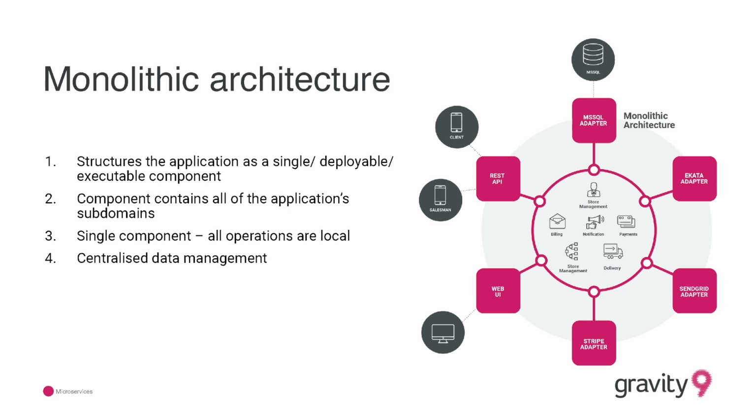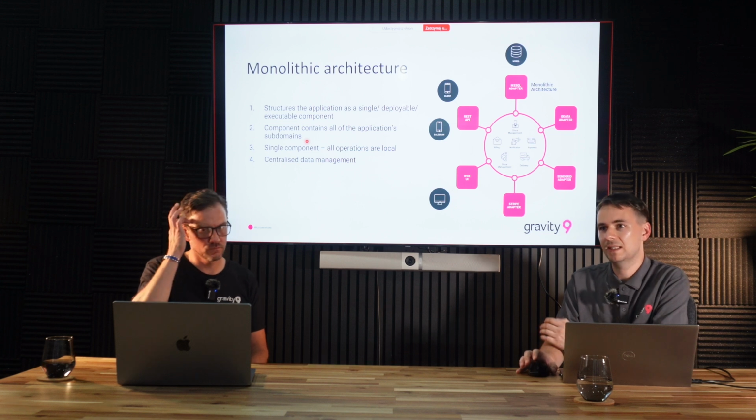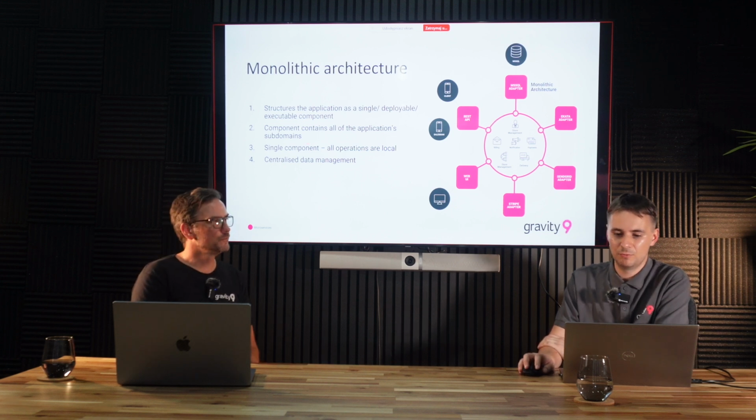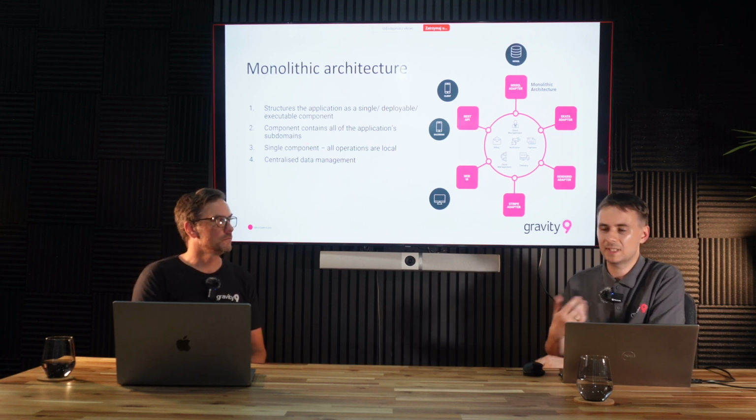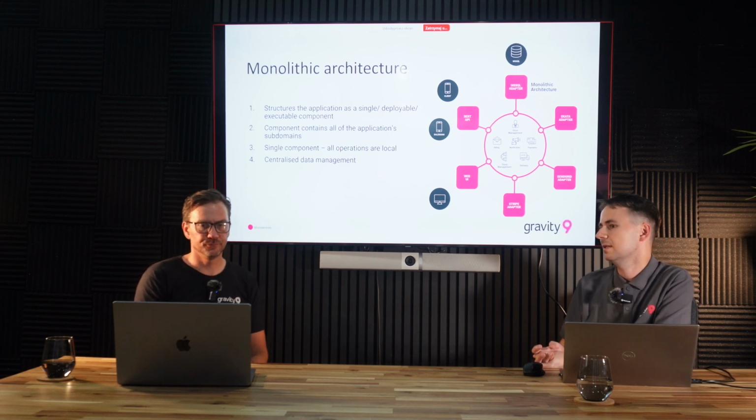The second point, integrated components, right? So in a monolith, the product is deployed as a single component, and this single component has to integrate all subdomains and business operations of the application, tightly coupling them together. With microservices, for example, you could start working on a separate feature, even start trying to introduce AI, separately.